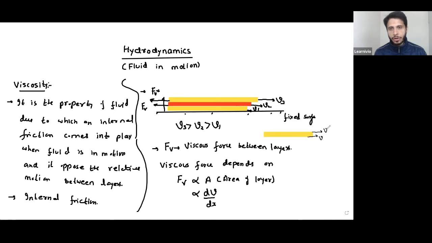The velocity of the top one is v plus dv, and the separation between them is dx. So dv is the change in velocity when you go from one layer to another, and dx is the separation between them. We call dv over dx the velocity gradient. Velocity gradient simply means change in velocity with respect to position.